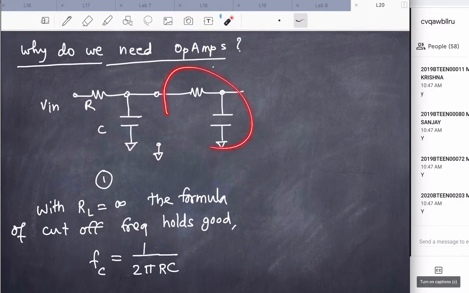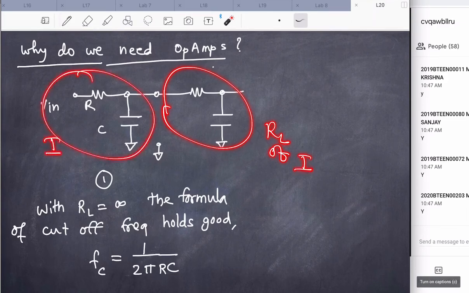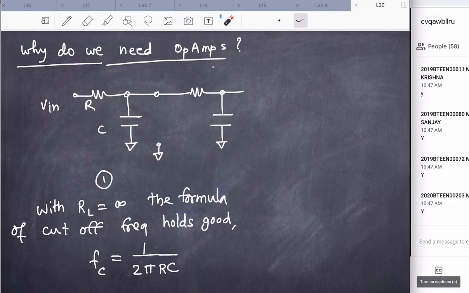So, this will work as RL of the first section, and this RL is not even constant. It depends on the frequency. So, this Z will be changing with respect to frequency.